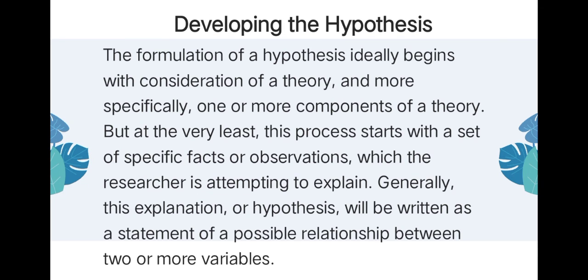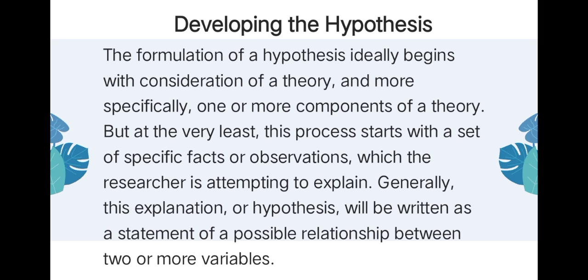Developing of hypothesis. The formulation of a hypothesis ideally begins with consideration of a theory, and more specifically one or more components of a theory, but at the very least, this process starts with a set of specific facts or observations which the researcher is attempting to explain.